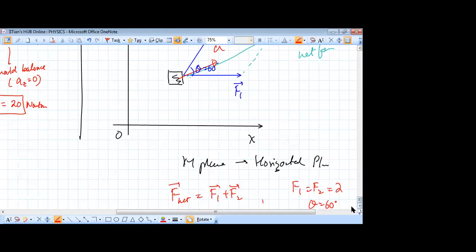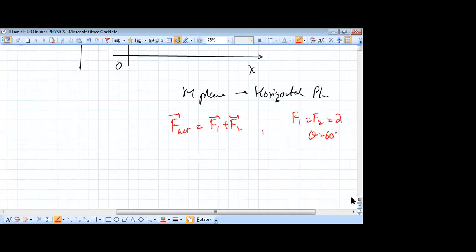Two newtons each. Okay. So now just apply parallelogram law. Root of F1 square plus F2 square plus 2 times F1 F2 cos theta.